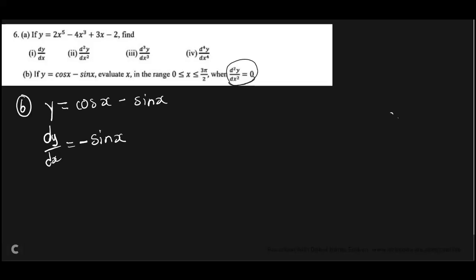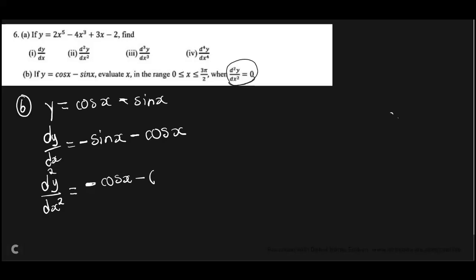When you differentiate negative sin x, it becomes negative cos x.